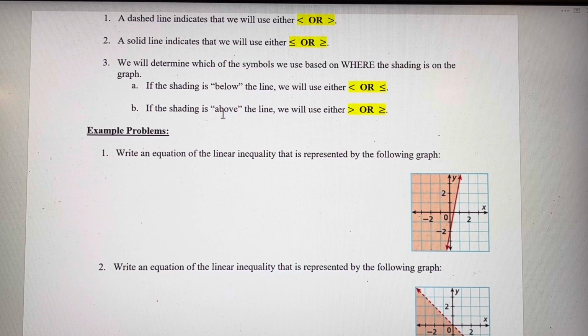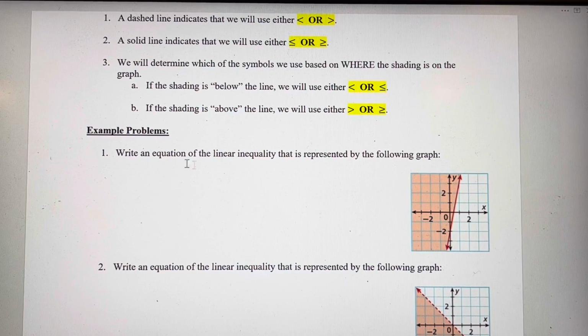If the shading is considered to be above the line, then we're going to use the greater than or equal to, okay? If you're not sure which it is, remember you can always test a value, like we tested the origin when we were graphing these manually, and you can see which symbol you need to place in, okay? But we're going to talk about the shading in terms of being below the line or above the line for these inequalities, assuming they have two variables, both x and y, okay?